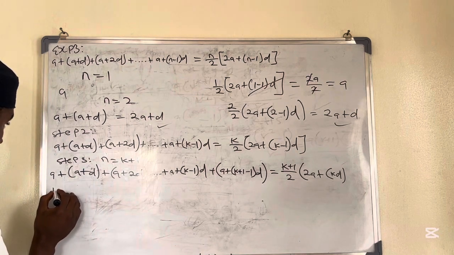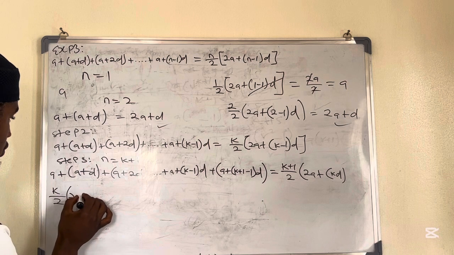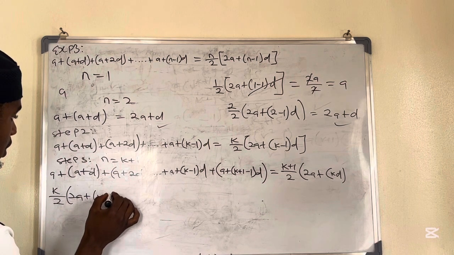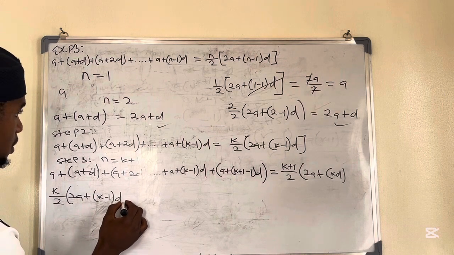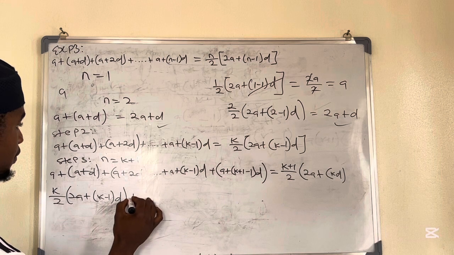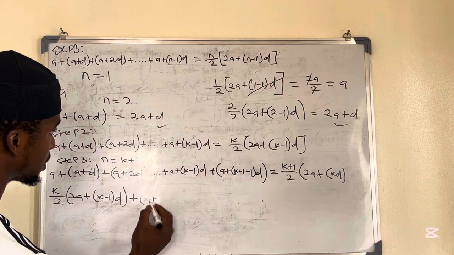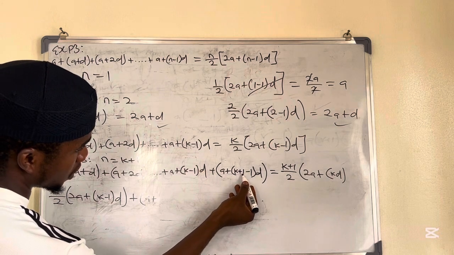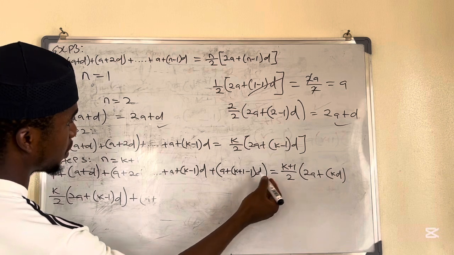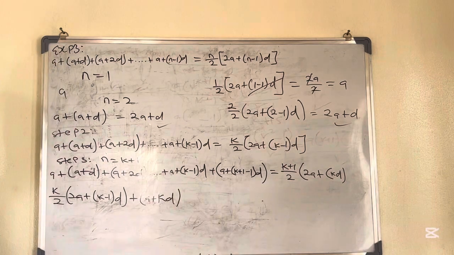So we have k over 2 into 2a plus k minus 1 d, then we still have our last term, which is a plus, so here k plus 1 minus 1, so we have just k, which is k plus d. We have kd. I hope you guys are following.